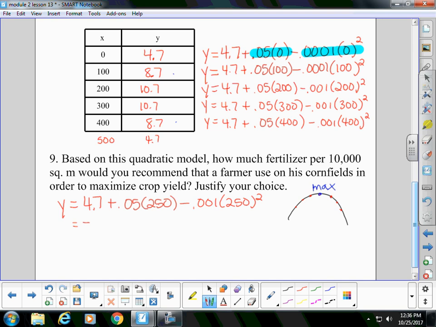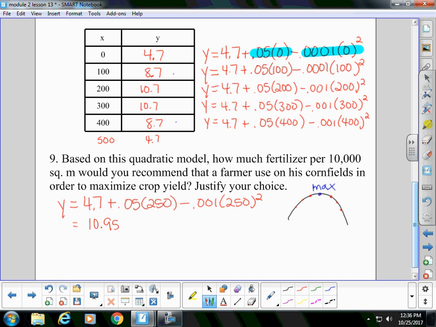This is coming out to negative 45.3. I thought I was doing something wrong because I did it twice. Oh, there we go. I was doing something wrong. It's coming out to 10.95. That's making more sense.